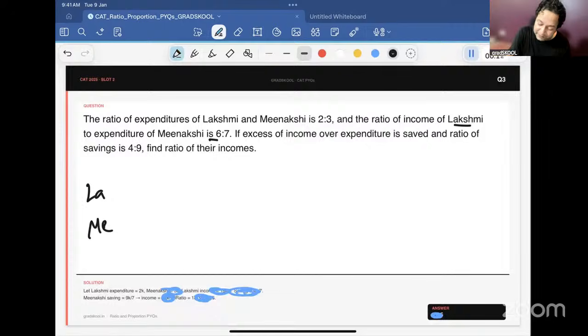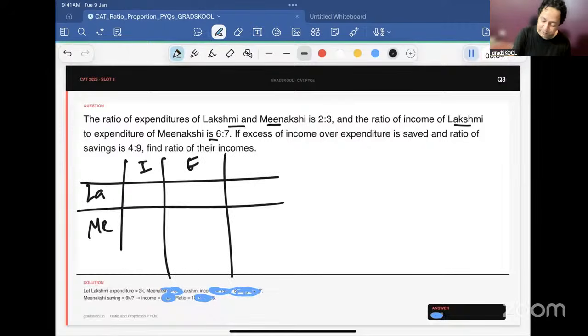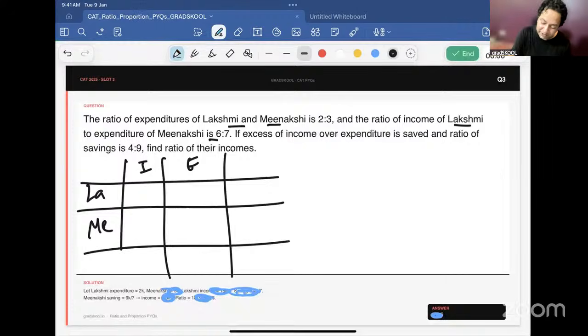Expenditures of Lakshmi and Meenakshi: this is 2A and this is 3A. Here it is 6B and here it is 7B. Now it's right.